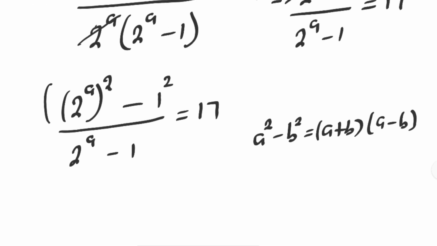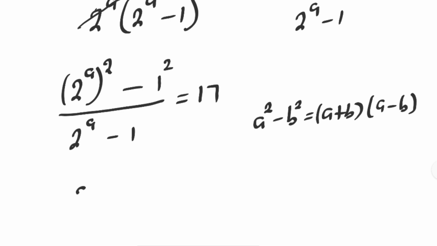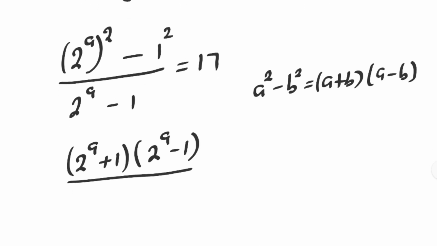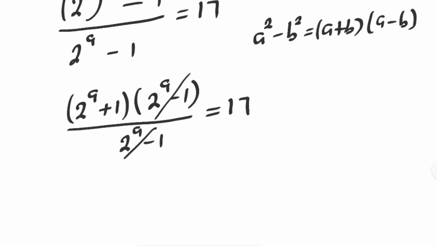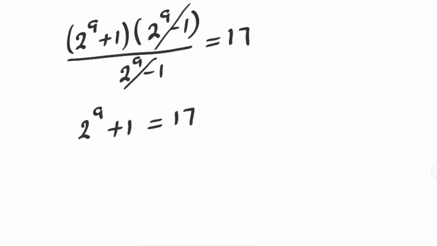Then this numerator can be written as (2^a + 1)(2^a − 1), divided by 2^a − 1, is equal to 17. This cancels this. You have 2^a + 1 is equal to 17.